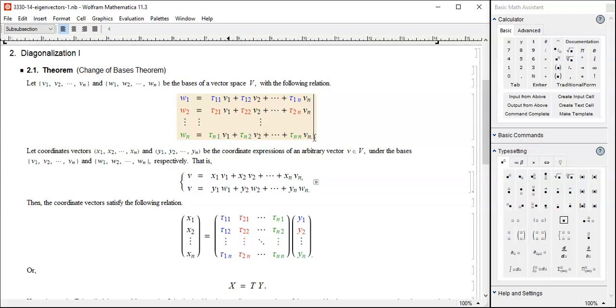Now, how do you use this? For an arbitrary vector V, you can use the first basis V1 through Vn to get the coordinate expression x1 through xn, and also you can use the second basis W1 through Wn to get the coordinate expression y1 through yn. And here's a visualization.